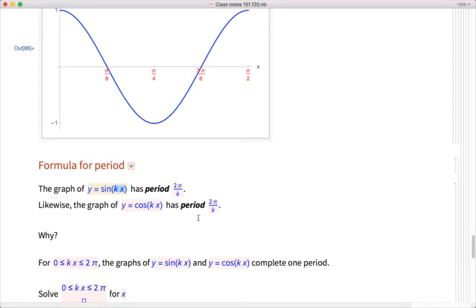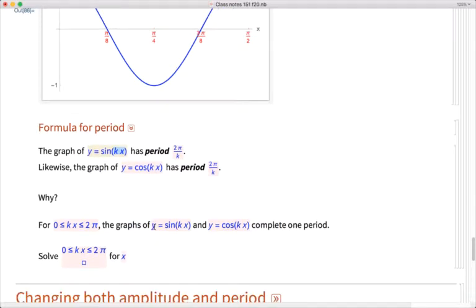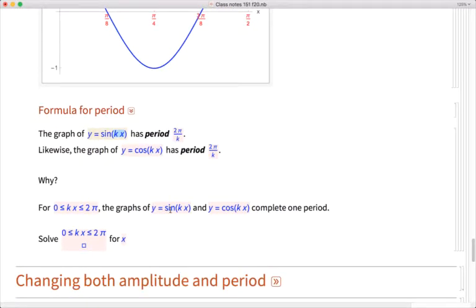Okay, so one reason is just by what we know about the horizontal stretching of graphs in general. But another reason is, you can think of it this way, that the graphs of sine kx and cosine kx are going to complete one full period when the kx value goes from 0 to 2 pi.